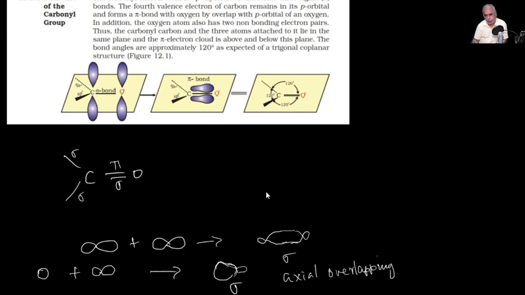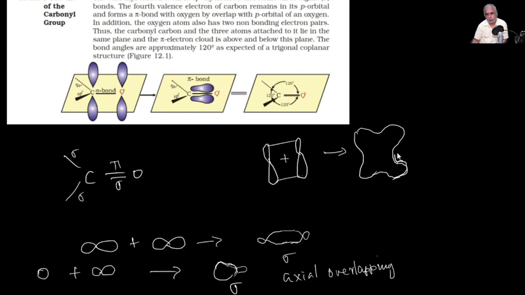So the pi orbital is due to sidewise overlapping or lateral overlapping. So that leads to pi bond. So it can form a bond like this. It looks like a dog's bone, so pi bond.